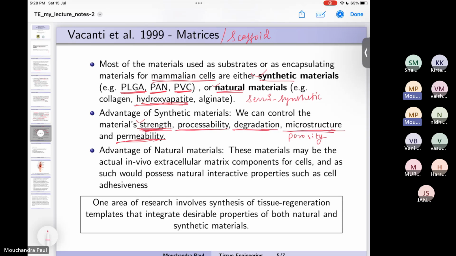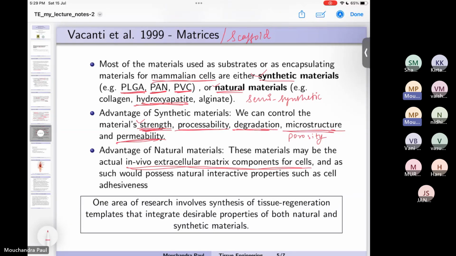Okay, whereas the advantage of natural material is that these are materials that are naturally available in the ECM. Okay, so the cells recognize these materials because they were interacting with them in vivo. So collagen is present in vivo in the ECM.